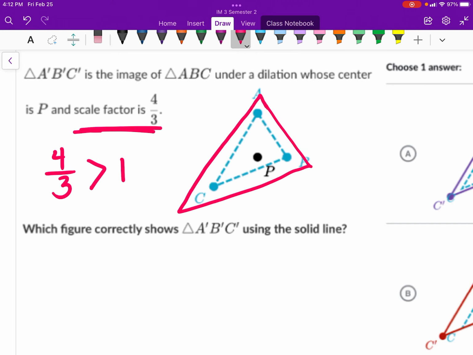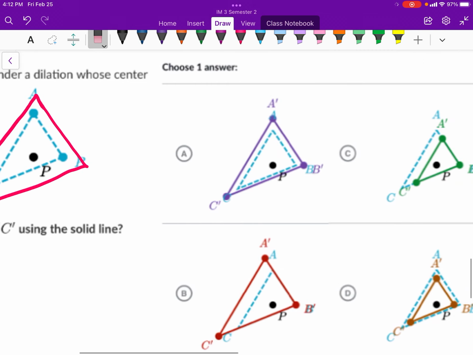Now, notice in this case, guys, that no side or segment of the original triangle, the one that's dashed in blue, is at the center. It is not touching the center, which means that all of our sides should be moving. All right, so we're going to do a little bit of process elimination here.